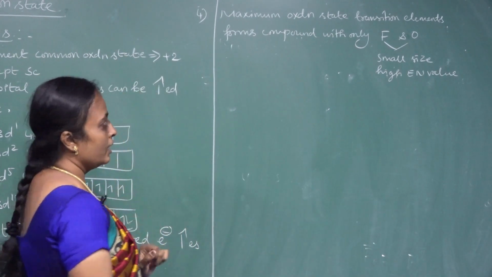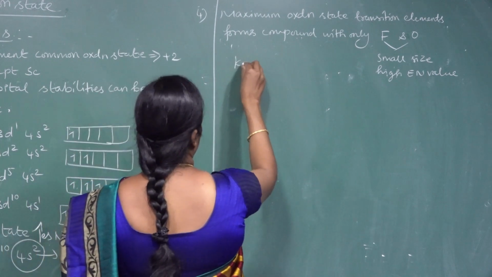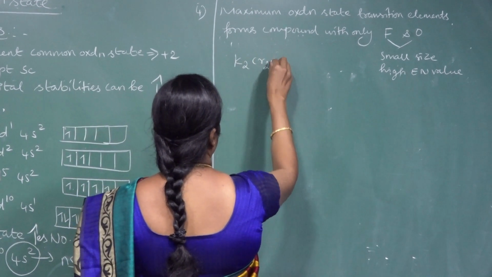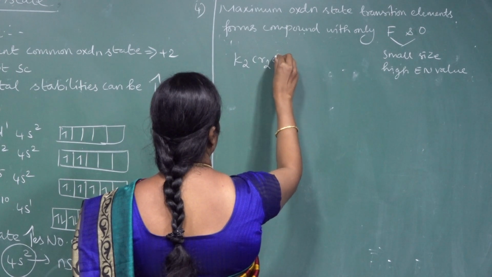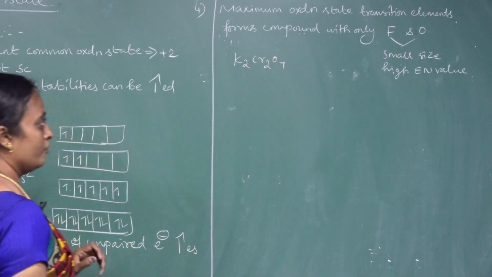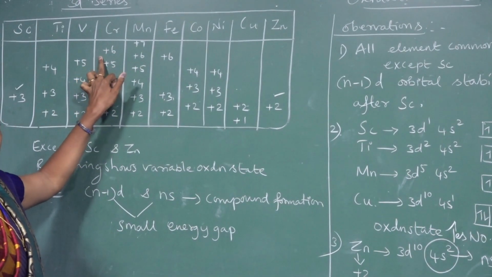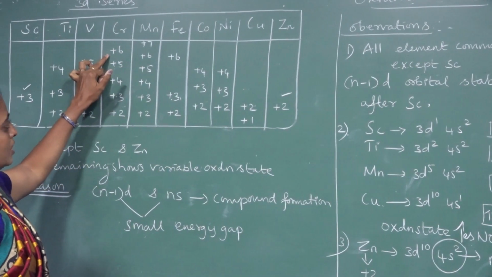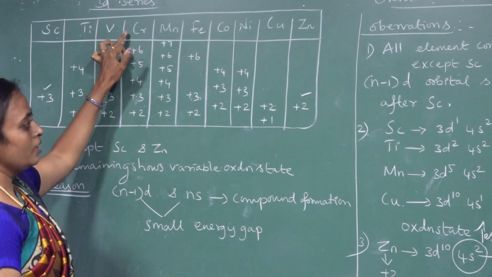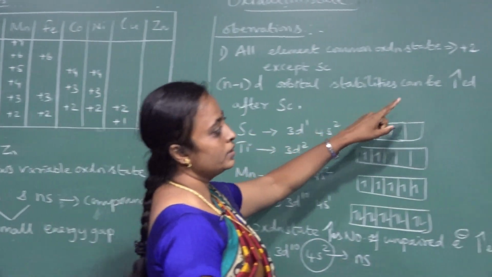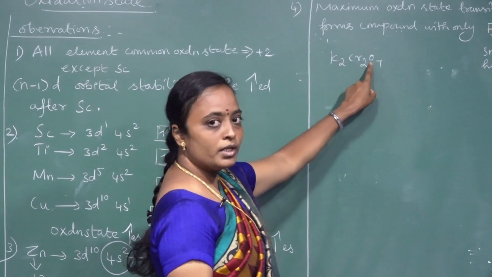I will explain by taking an example of potassium dichromate. The oxidation state of chromium is +6, the highest oxidation state. This highest oxidation state transition element forms a compound with the highly electronegative element oxygen.